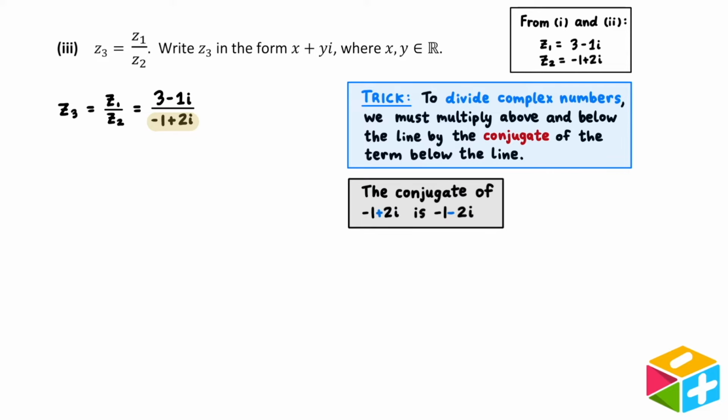To find the conjugate of this, we simply change the sign of the imaginary part. So the conjugate of minus 1 plus 2i is minus 1 minus 2i. To use our trick, we need to multiply above the line and below the line by this number.